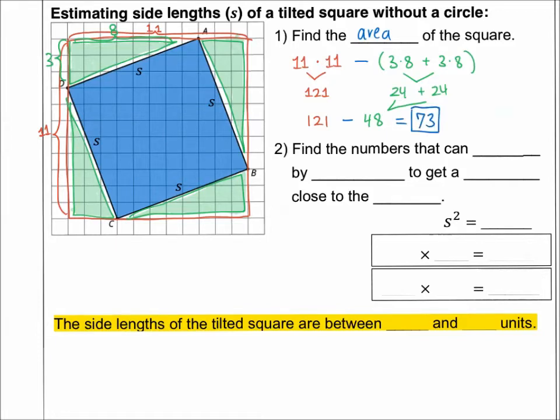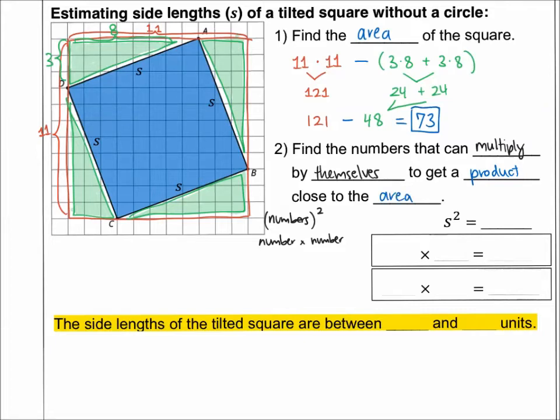So next we want to find the numbers that can multiply by themselves. In other words, numbers that when you raise them to the second power, meaning number times that number again, will give you a product after you multiply them that is close to that area of that tilted square.